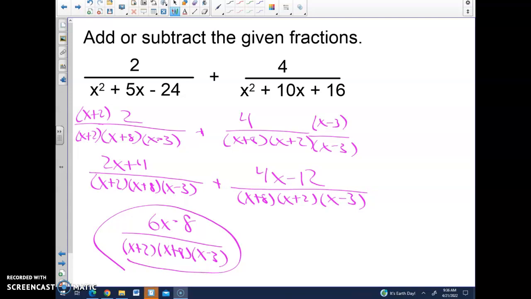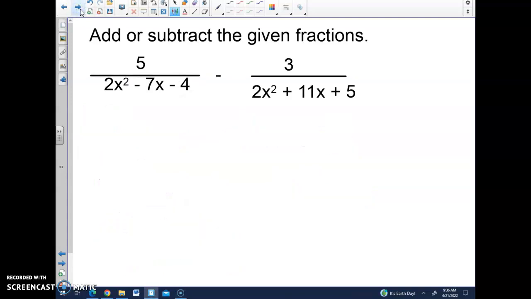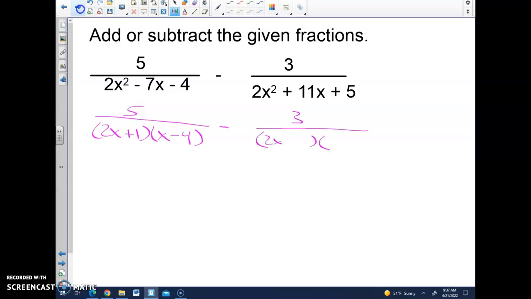I'm going to do one more for you with subtraction. So you can just kind of follow along. 2x plus 1 and an x minus 4 here. Minus, in this case here, we have x plus 1 plus 5.